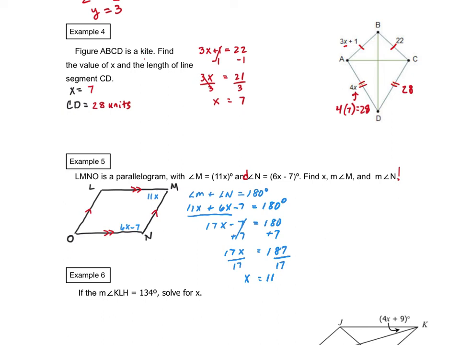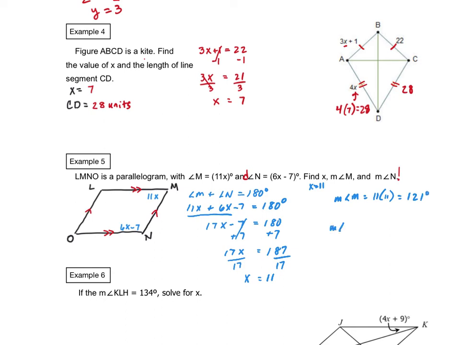Okay, so if x is equal to 11, then I can do some substitution, and I know that the measurement of angle M is equal to 11 times x, which is 11 times 11, so that would give me 121 degrees.